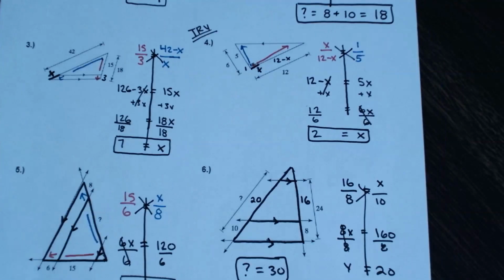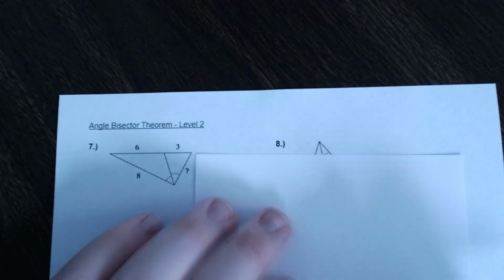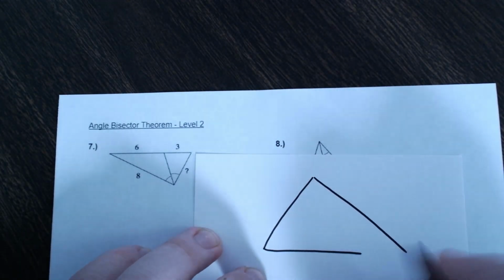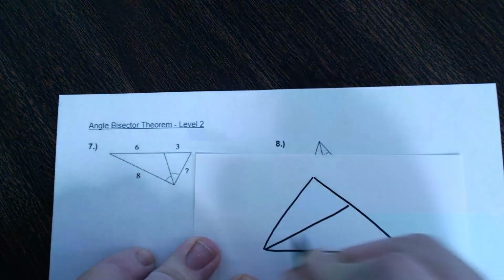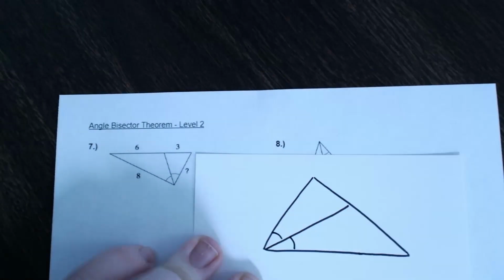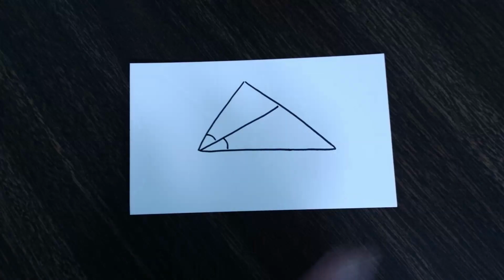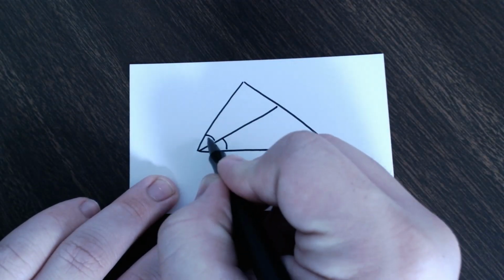Okay, flip your paper over to the angle bisector theorem. So here's a triangle with an angle bisector. I know that because this little line has the two little angle markers. They both have one line.